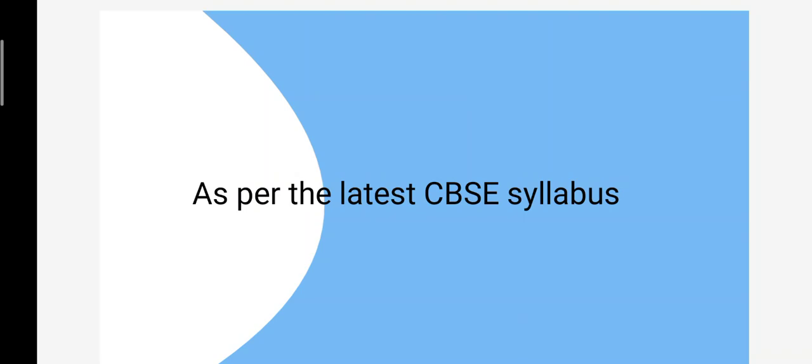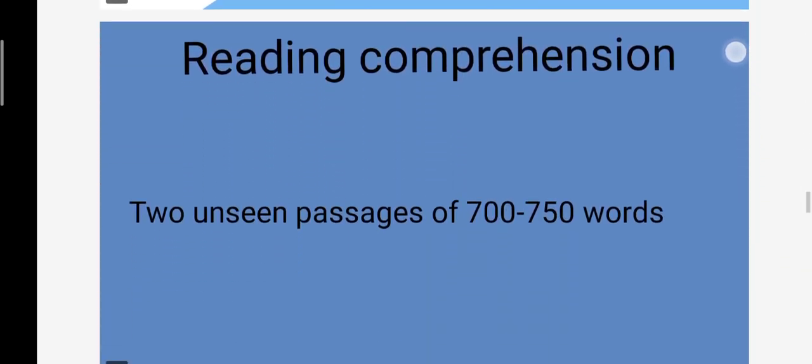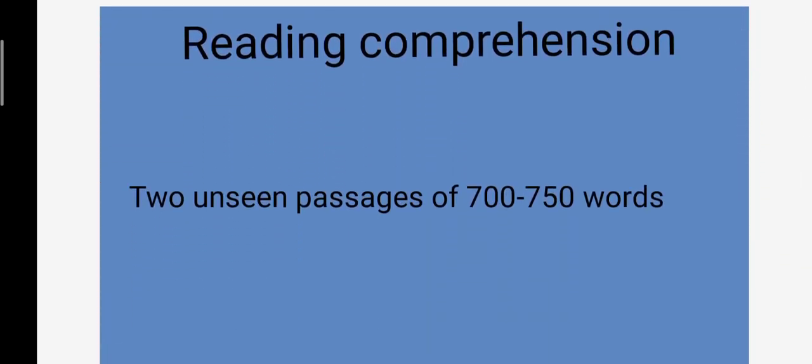Let us know the syllabus as per the latest CBSE directives. In the reading comprehension section, you have 2 unseen passages of 700 to 750 words.